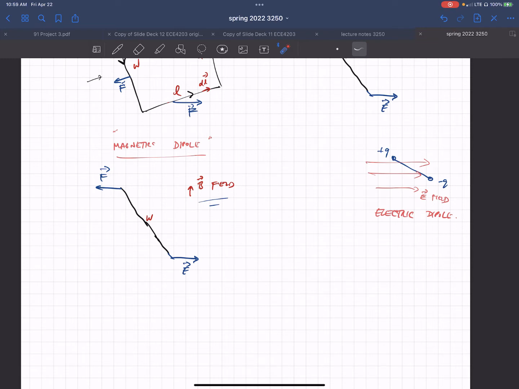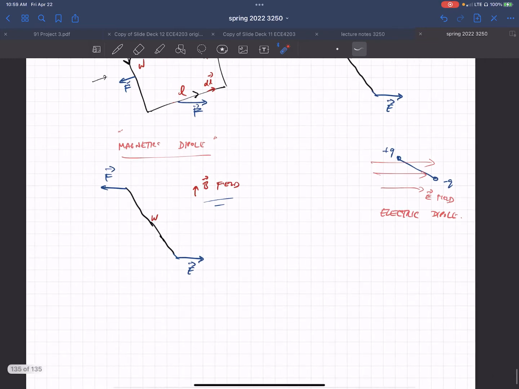Okay, and let's try to figure out what that is. So now the torque you could calculate around different rotational points, if you want to think about it that way. But let's think about calculating it here. You could do it here, you could do it here, you could do it here. You just have to make sure you sum up all the factors. Okay, but let's think about doing it here.